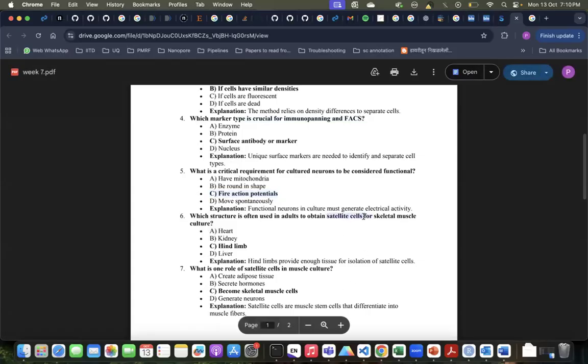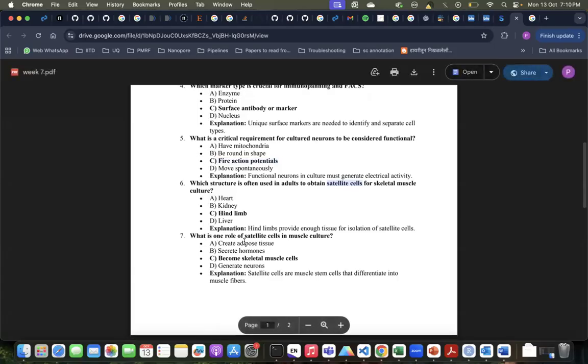This is your myoblasts, right? So those satellite cells, yes, we talked about. This was hind limb, for example, the rat P1 to P5 hind limb. And then what is one role of satellite cells in muscle culture? They are the stem cells that will finally differentiate into myotubes and then fibers.